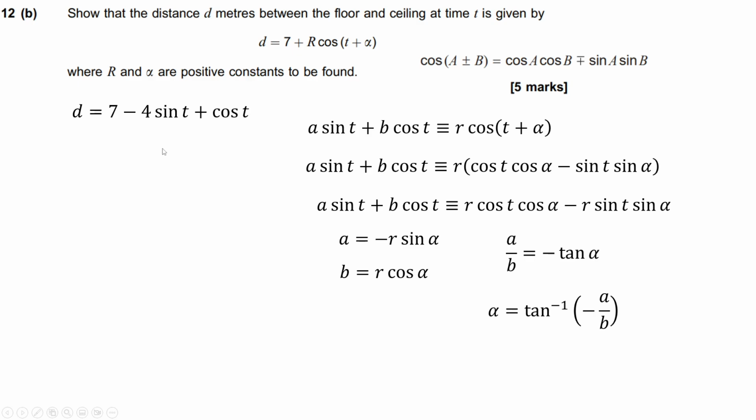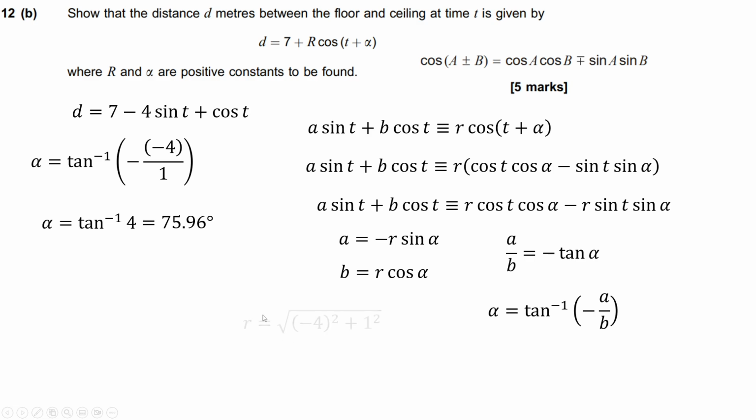Now, to relate that to this, a is going to be minus 4 and b is just going to be 1. So inverse tan of 4 is what alpha is, that's 75.96. And then r is just the square root of a squared plus b squared.